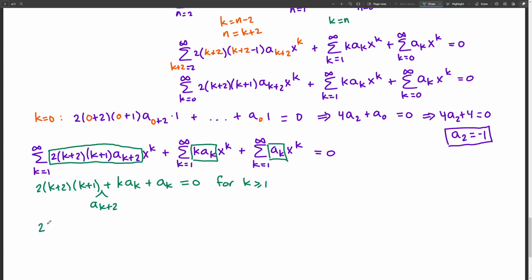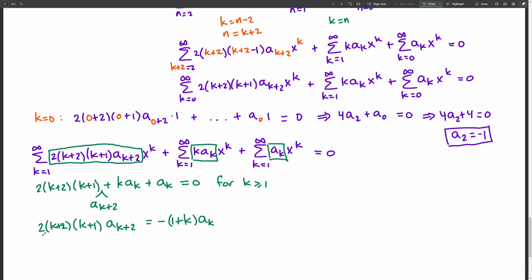So I can write this as 2 times k plus 2 times k plus 1 times a sub k plus 2, and then that is equal to minus 1 plus k times a sub k.